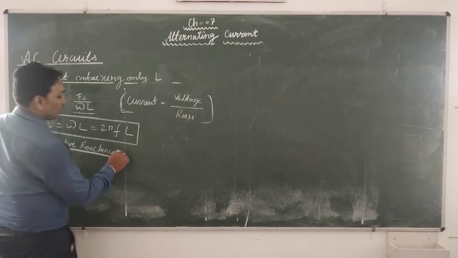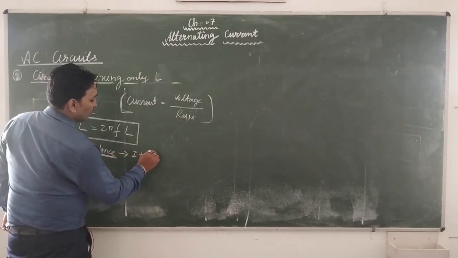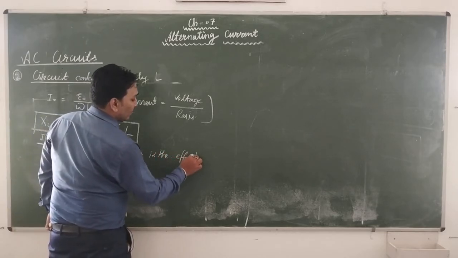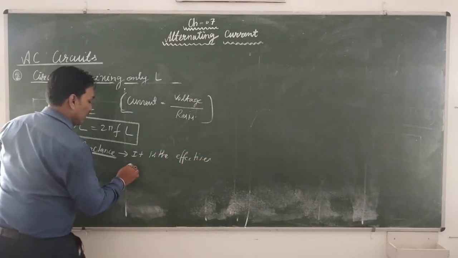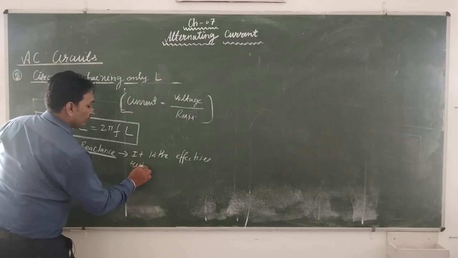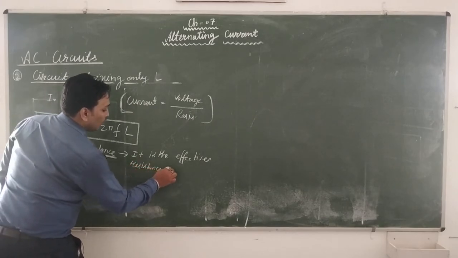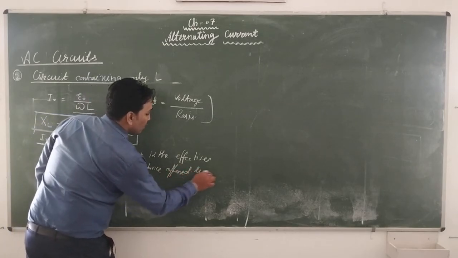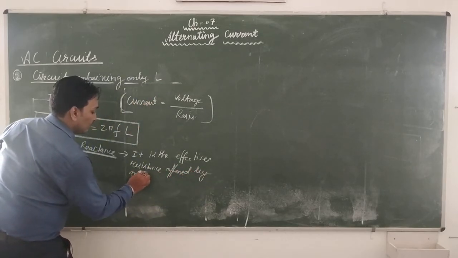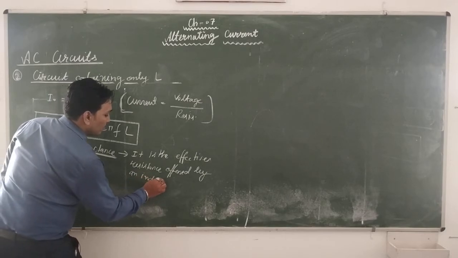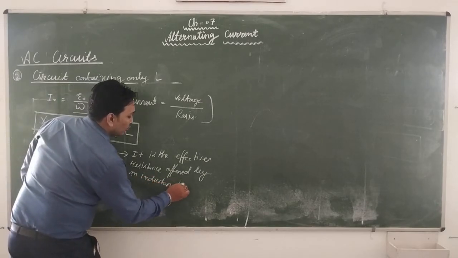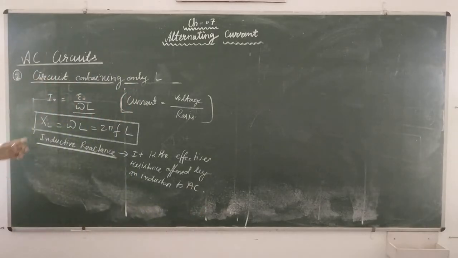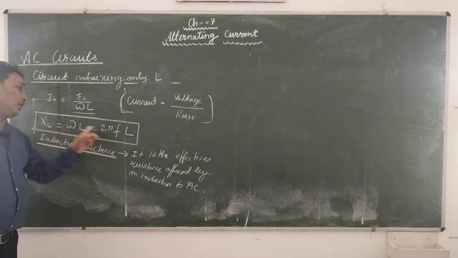So basically, it is the effective resistance offered by an inductor to AC. AC is alternating current. So XL is 2 pi f L or omega L.